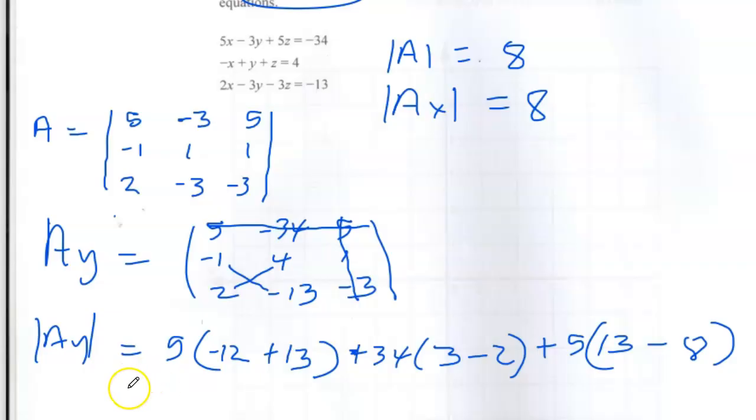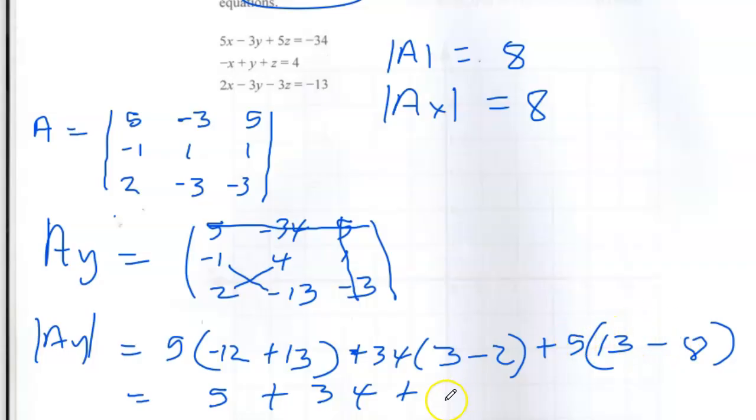Let's simplify this. So we end up with the bracket, negative 12 plus 13, that's 1. Multiply that by 5, you get 5. The other bracket, 3 times 3 minus 2, that's 1. Multiply 1 by 34, you get 34. And then the final bracket here, 13 take away 8, that's 5.